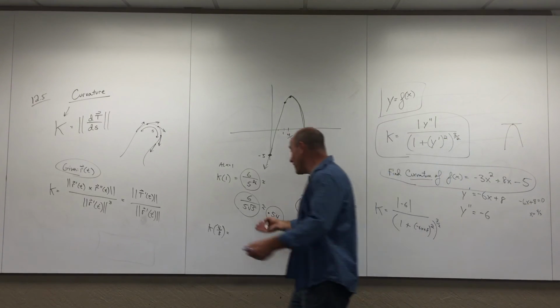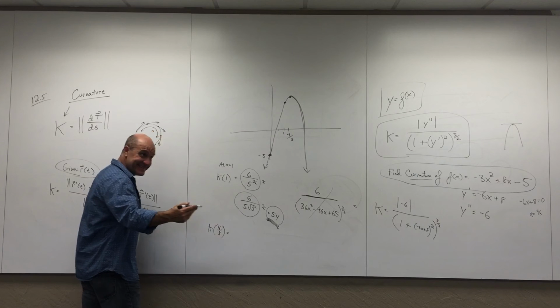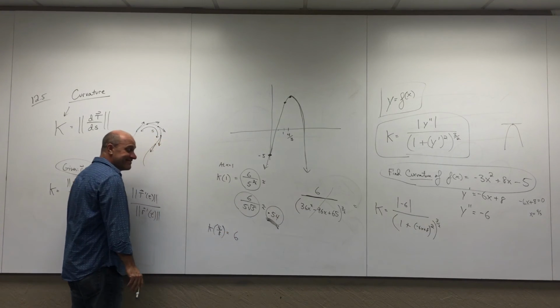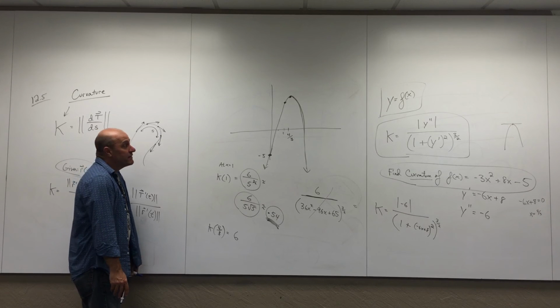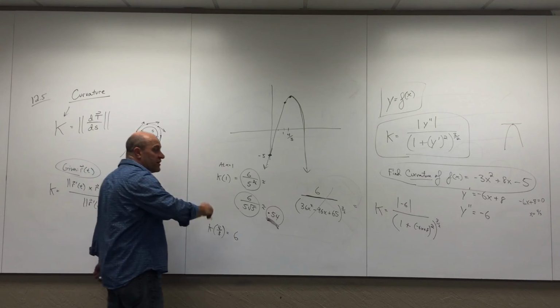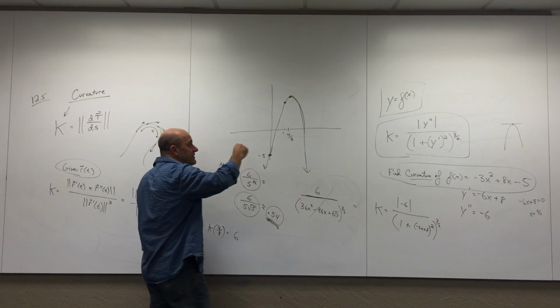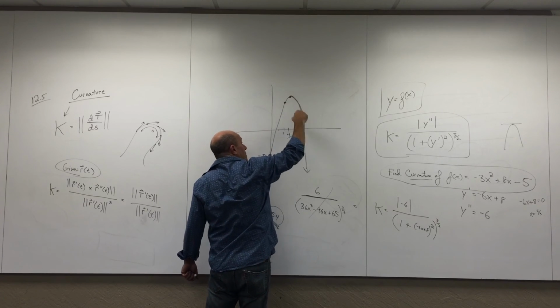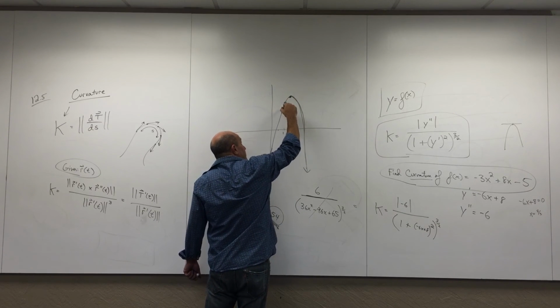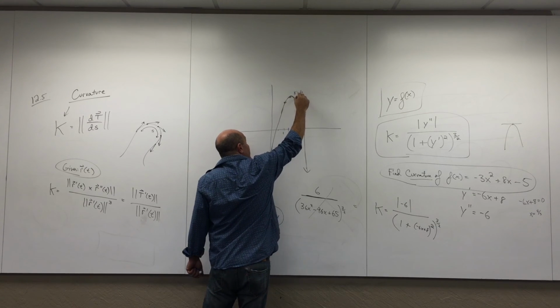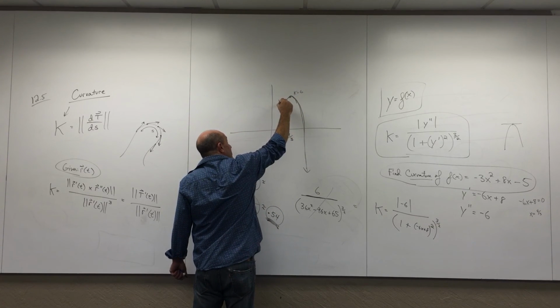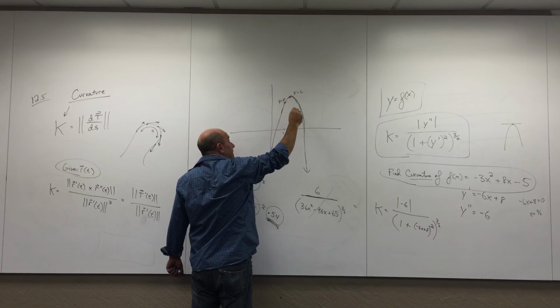I think the curvature at 4/3 is 6. That's pretty curvy. This is one of these skinny parabolas, so right there at the top it's got a sharp turn. Right there the curvature is 6. Right over here the curvature was 0.54.